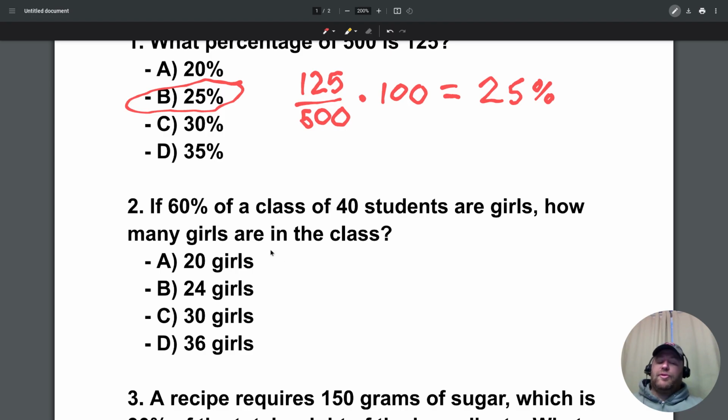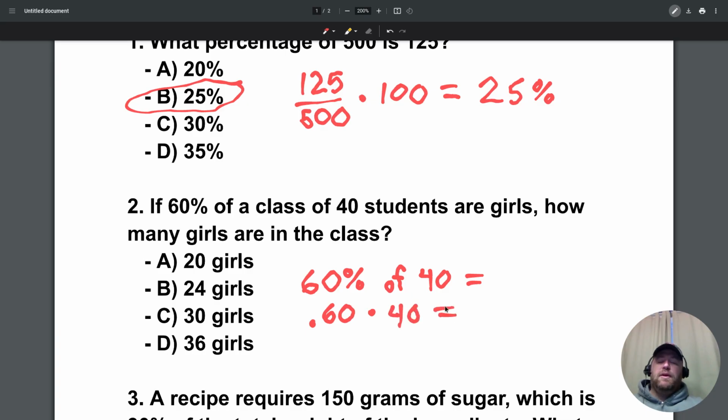So there's a quick way to do this on Desmos. You can literally type in 60% of 40. Or you can do 0.60, which is 60% as a decimal, times 40. Those will give you the same thing.